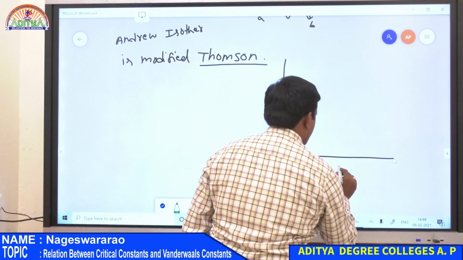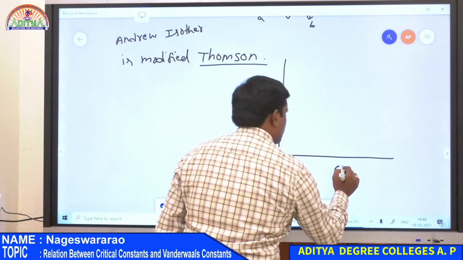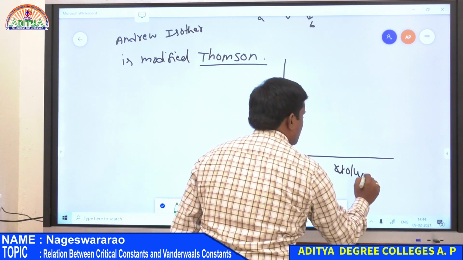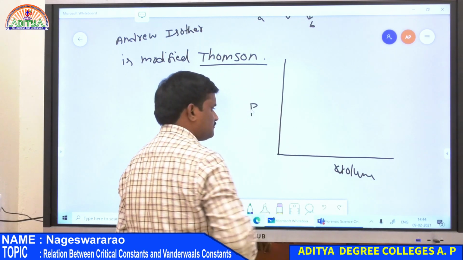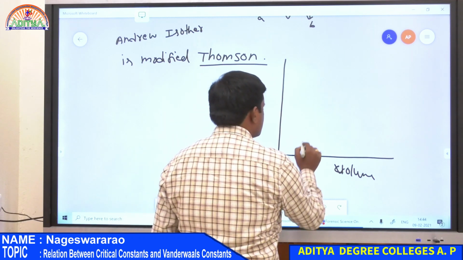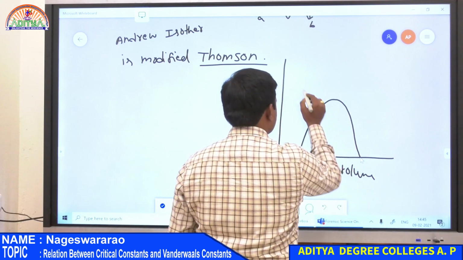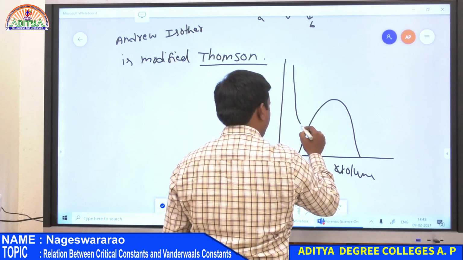So this is the volume V, and this is the corresponding pressure P. Now the isotherms are represented as follows.